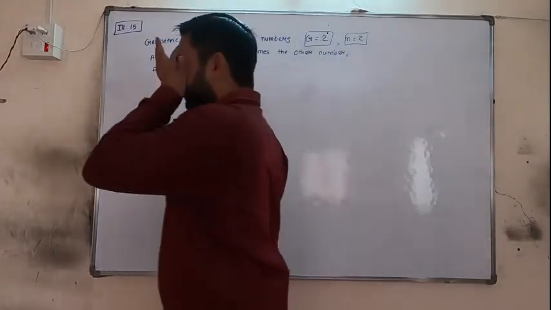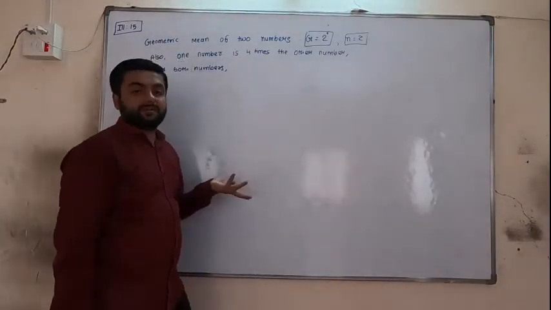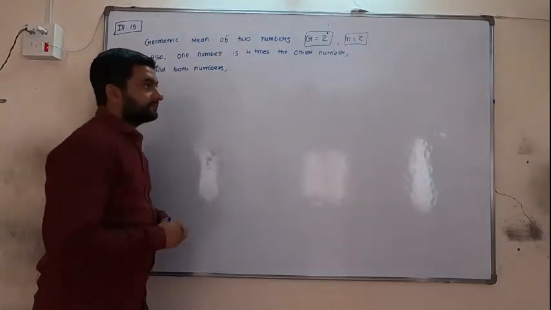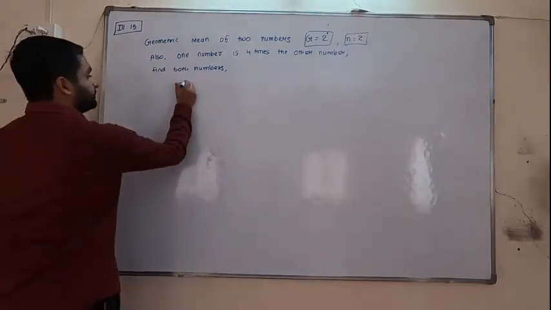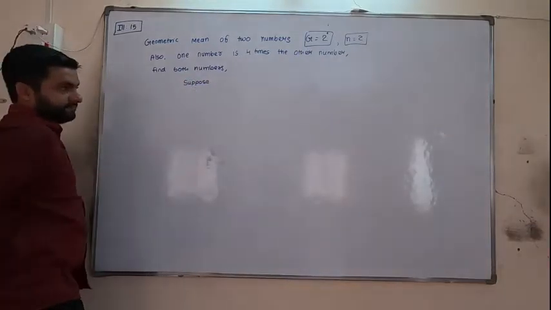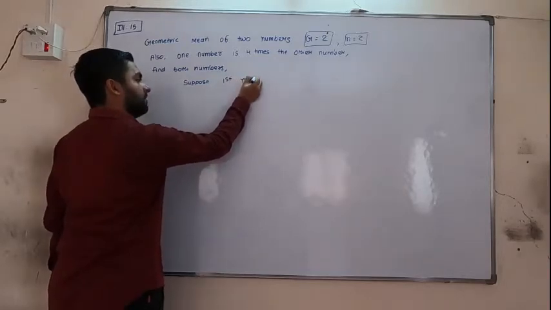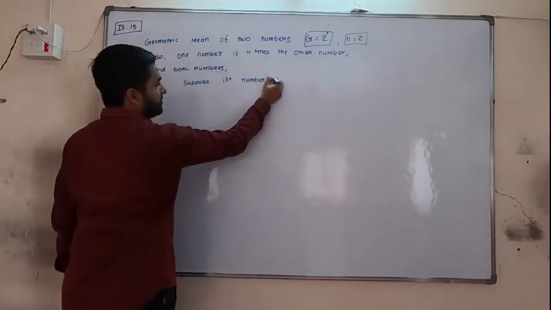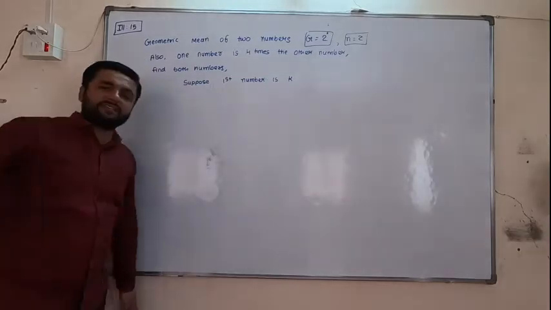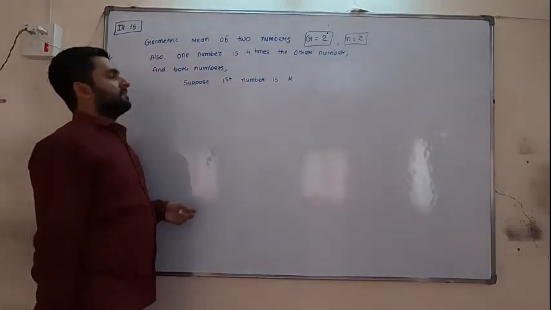Now what are they telling about the two numbers? One number is 4 times the other number. Okay. Suppose the first number is k. Let k be a constant. They are taking a, we are taking k. It is one and the same.